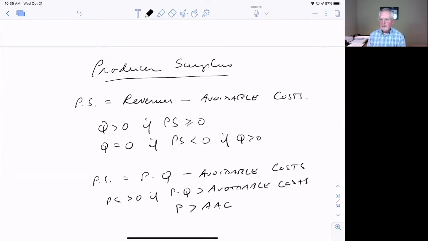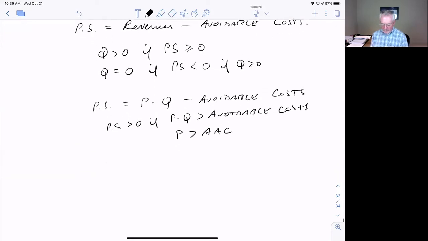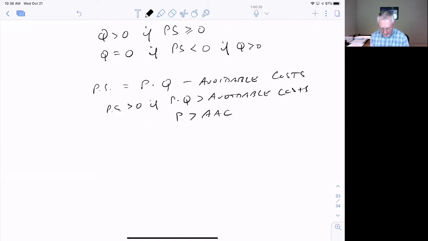So producer surplus is the measure of the revenues the firm generates over and above its avoidable costs. Now, if I think about this graphically, consider a firm with no fixed costs. So all costs are variable costs, right? So we just did one of those.